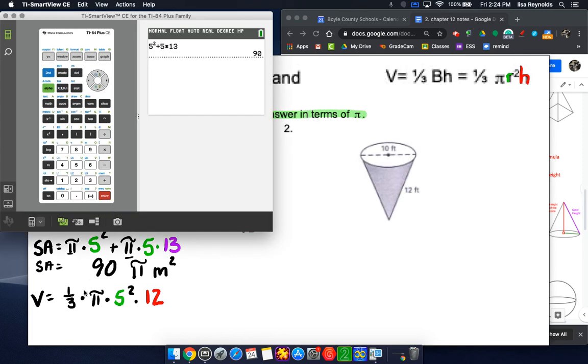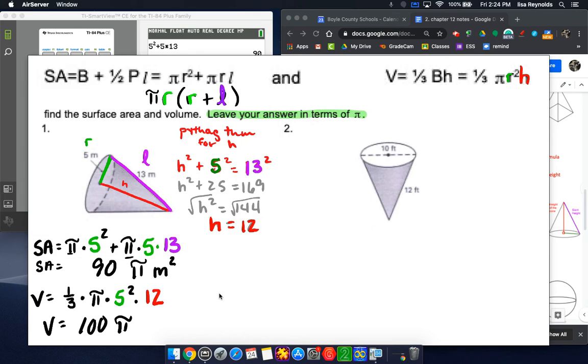We're going to put in everything except for the pi. So when we get our volume, we're going to have a number in front of pi. So we have 1/3 times 5 squared times 12. And we end up with 100 pi. Since everything is in meters, volume is cubic meters, so it's 100 pi cubic meters.